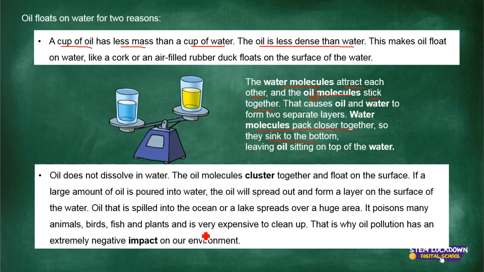And when the oil spills, it's very expensive to clean up. This is why oil pollution has an extremely negative impact on the environment, because it basically kills all animals, birds, plants, and fish life, because the oil causes a layer over them and prevents them from breathing.